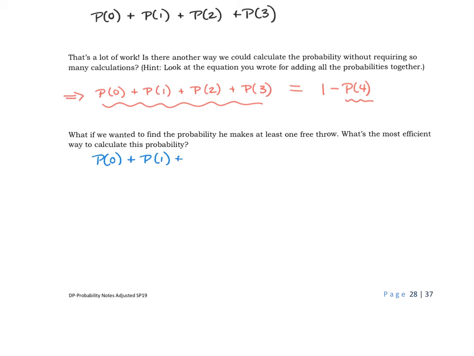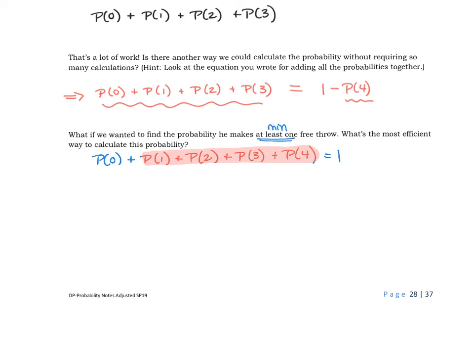Well, at least 1, and I'm just going to jot these down since we're getting started with this concept, is a minimum of 1. So what we're looking for, a minimum of 1, is 1 to 4. That's what we want to calculate.